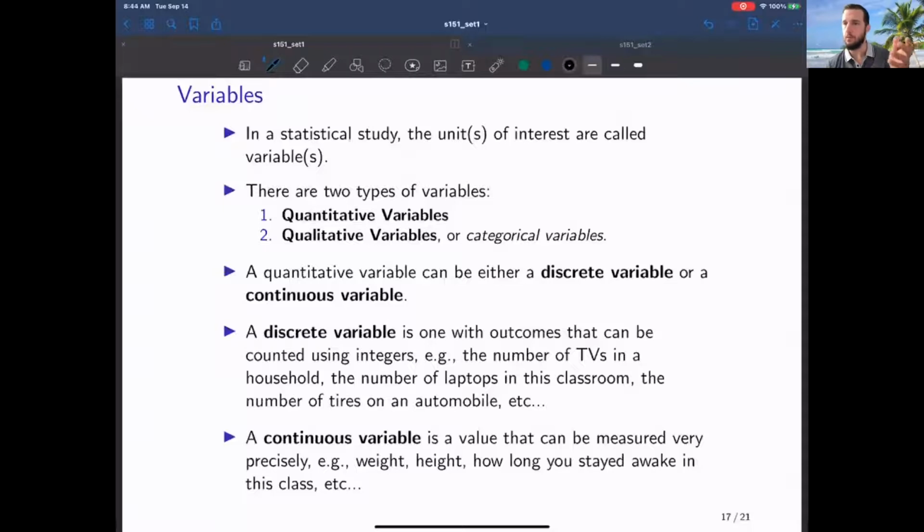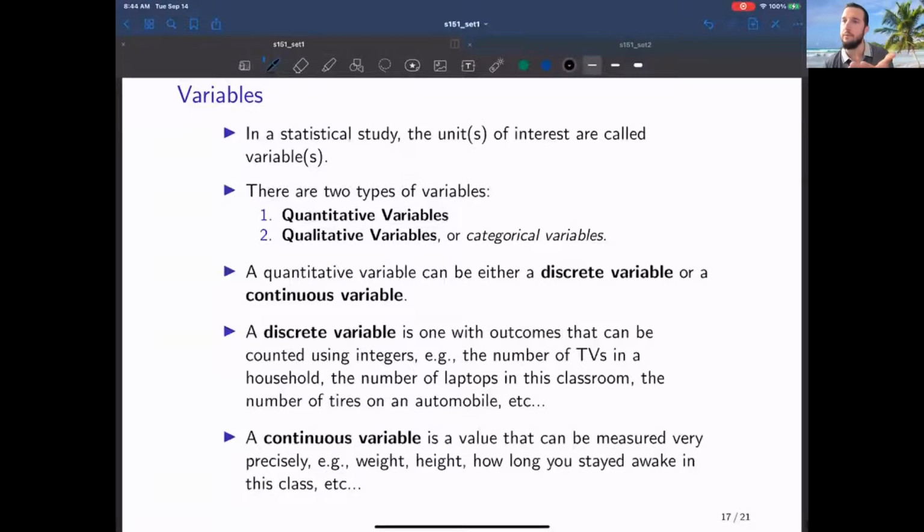So for example, a qualitative variable could be a label like hair color or gender. These 2 variables would both be considered qualitative. Hair color is not a quantity, it's a description, like brown, red, blonde. And gender, same idea.